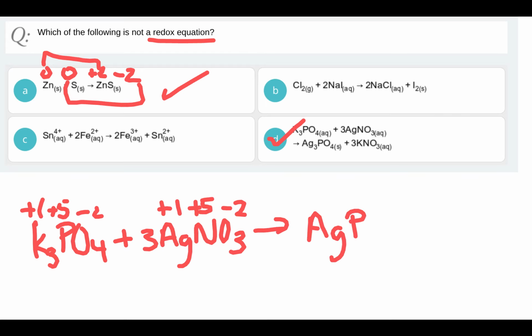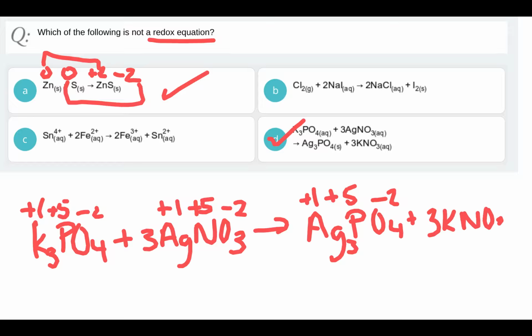On the product side, I just missed my 3. We'd have -2, +1, and phosphorus one more time would work out to +5. And then that last one, 3KNO3, oxygen's always -2, potassium's +1, and nitrogen would be +5. So when we go to see what your OA and RA would be, we would notice that nothing changed.